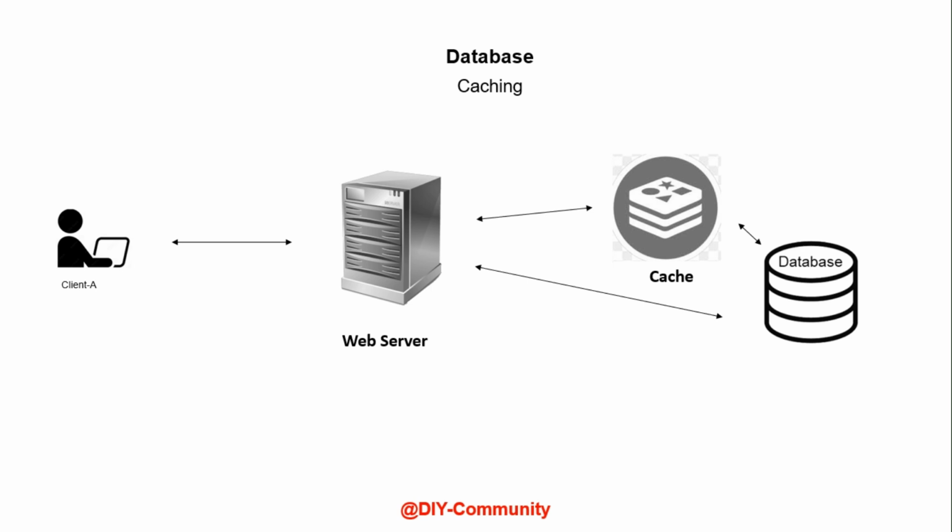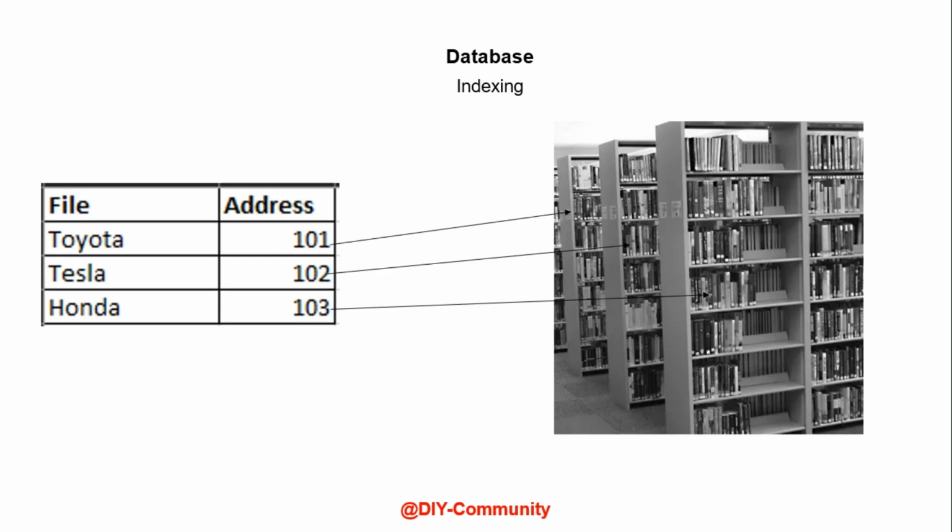One more method which we can use to optimize our database is by implementing a cache. Users can store frequently accessed data in memory. You can also optimize your database by creating efficient indexes.